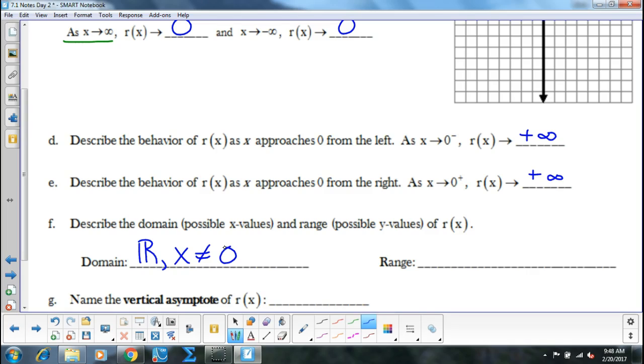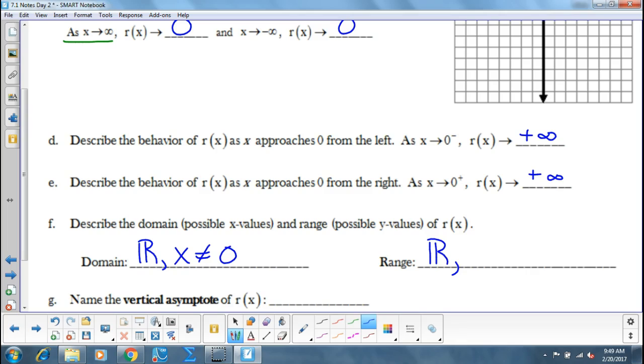Okay. Range. What's the range of our function? From the graph now. Because we can see a graph, that means we're going to have all real numbers, but we're going to have some kind of a restriction, right?